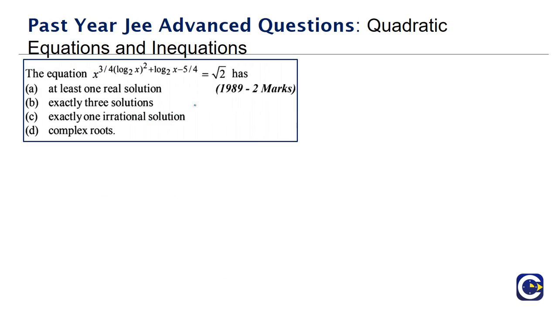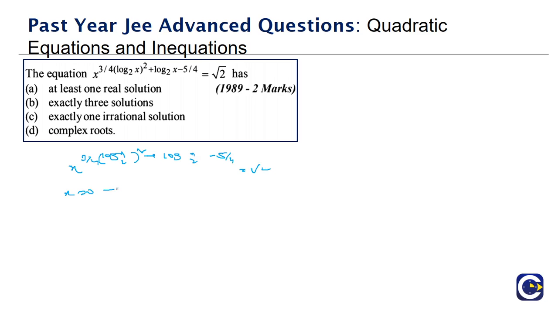Moving on to the next question. The equation x^((3/4)(log₂x)² + log₂x − 5/4) = √2 has which of the following options correct? So if you consider this, x^((3/4)(log₂x)² + log₂x − 5/4) = √2.